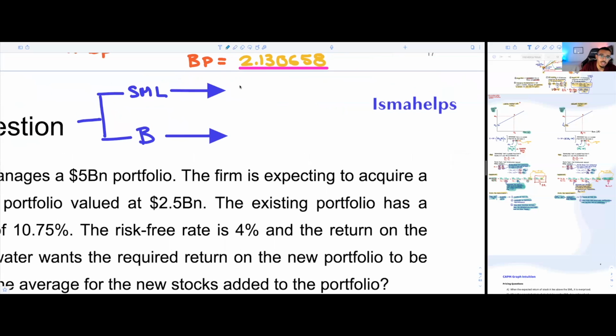So the SML, it's simple. It solves for the required rate of return on an asset, and it's equal to RF plus beta times the market risk premium. So E(RM) minus RF, literally as easy as that.